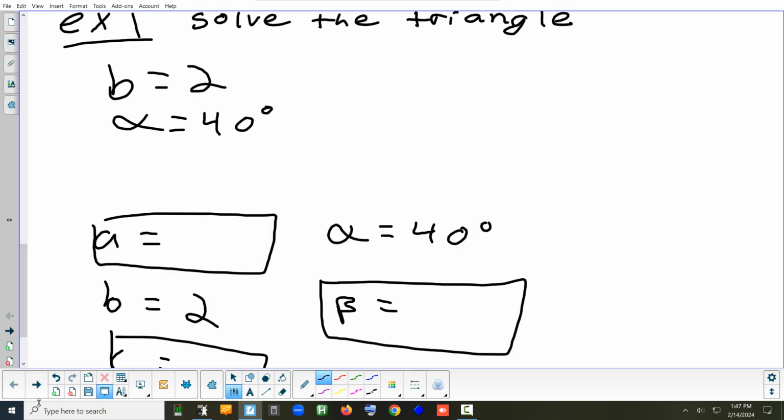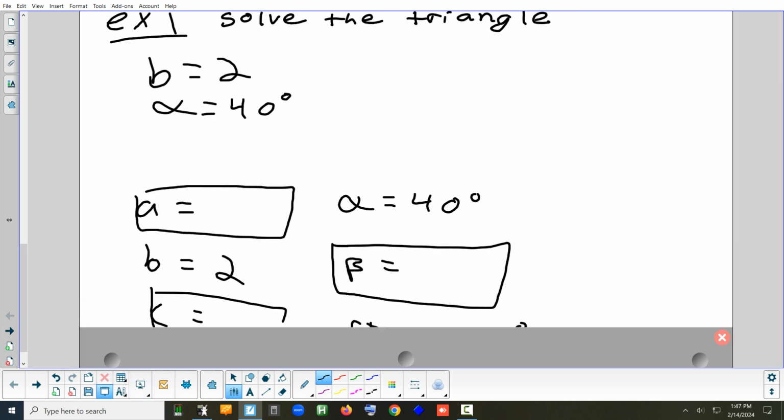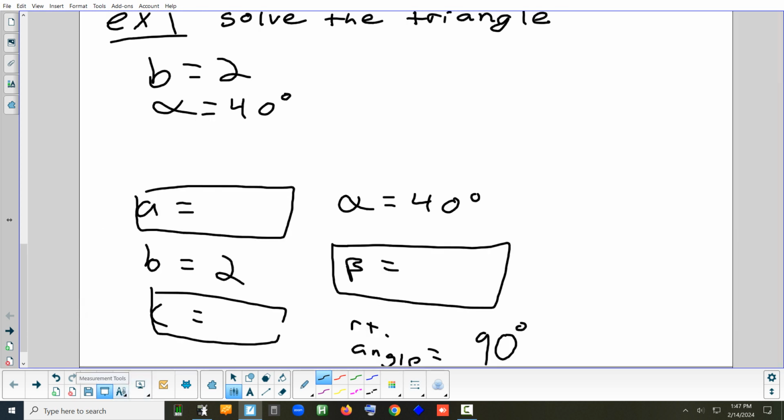So I've got my 2 things. What I'm going to do is make a table. I'm going to put the 3 sides in one column, and the 3 angles in the other column. The angle at the bottom is always just going to be a 90. That's going to be the same in every question.